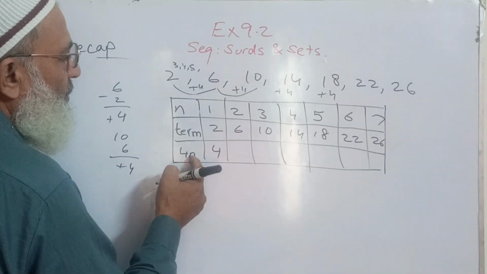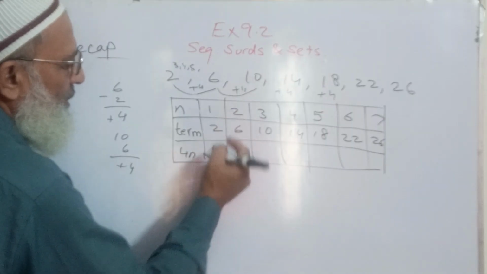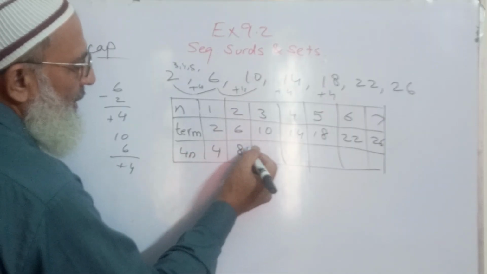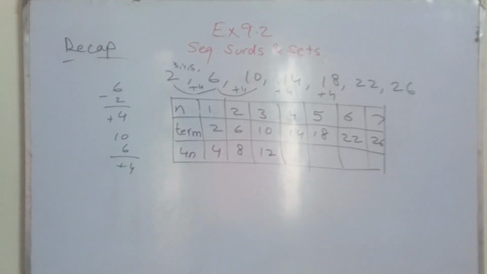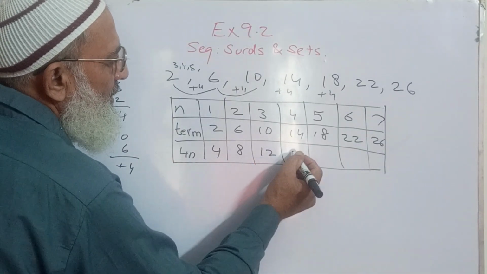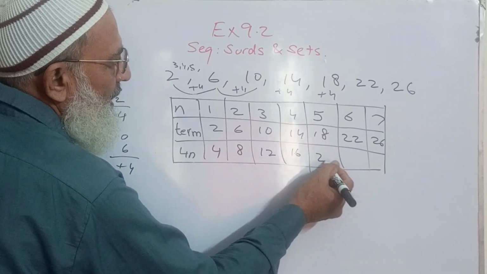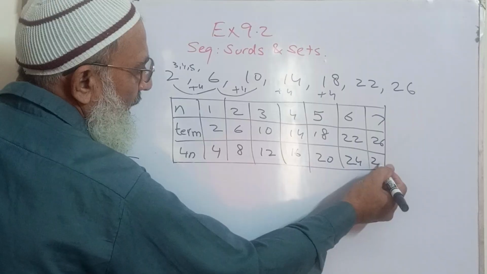And 4 multiplied by n, where n is 2, is 8, and so forth. So you are getting the multiples of 4: 4, 8, 12, 16, 20, 24, and 28.